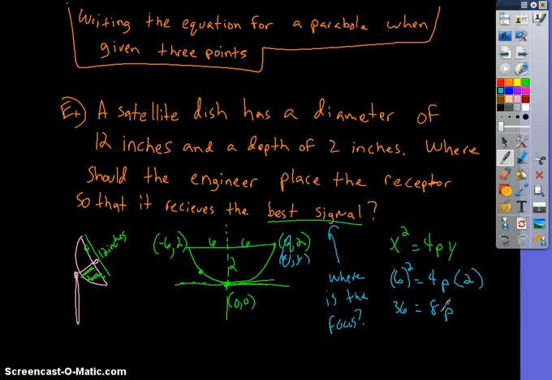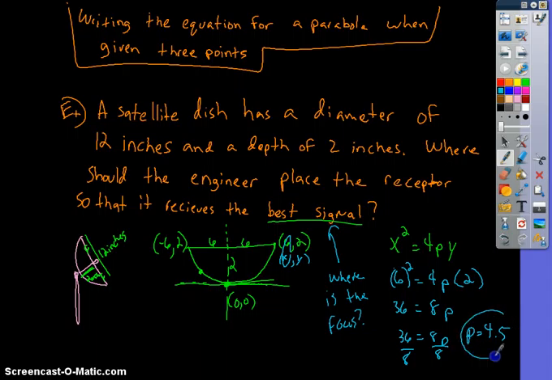So if that's the case, what we have now is I got to divide both sides by 8. So 36 divided by 8. 32 is 4 times 8. You got 4 left over. So p is 4.5.